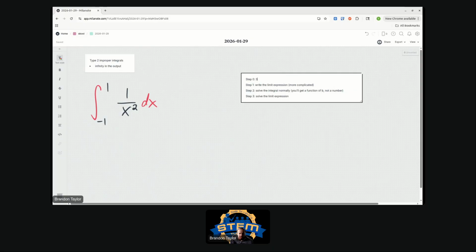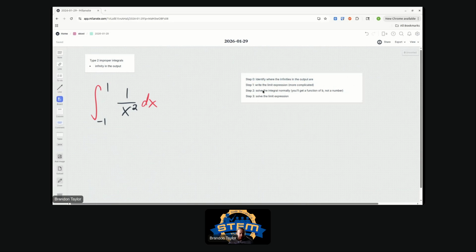It's basically identify where the infinities in the output are. You could argue that's an additional step. So it's the same basic steps, but again, you could argue there's an initial one that you didn't have with type 1.